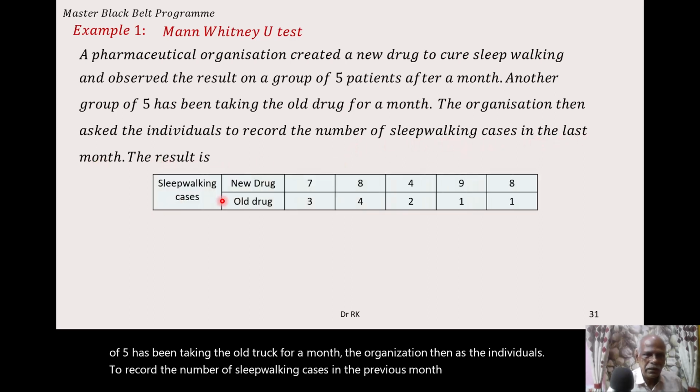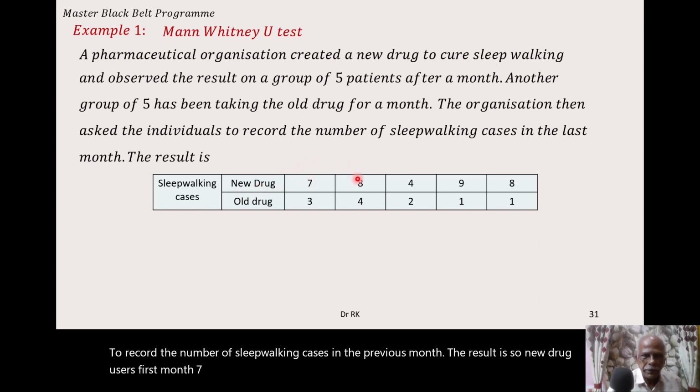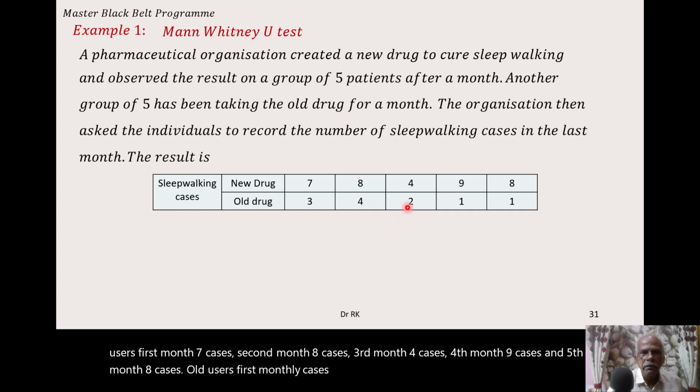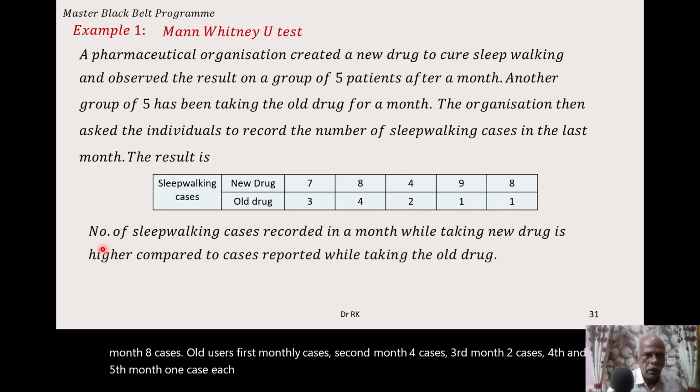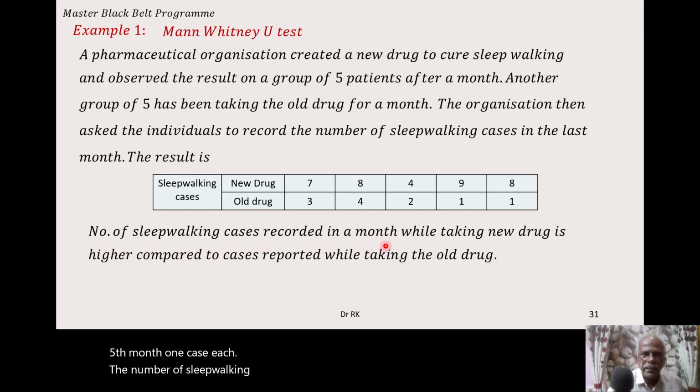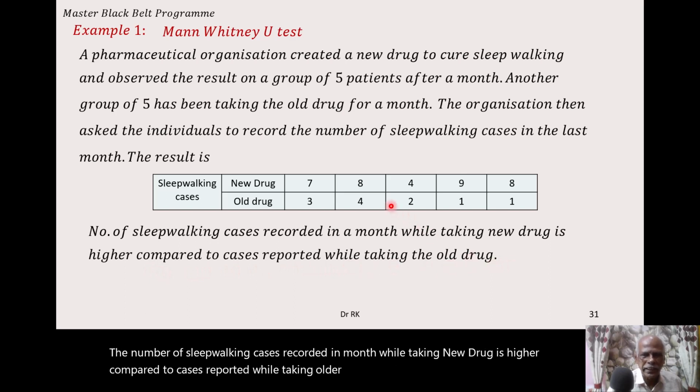The result is, new drug users: first month 7 cases, second month 8 cases, third month 4 cases, fourth month 9 cases and fifth month 8 cases. Old drug users: first month 3 cases, second month 4 cases, third month 2 cases, fourth and fifth month 1 case each. The number of sleepwalking cases recorded in a month while taking the new drug is higher compared to cases reported while taking the older drug. That is what we see here.